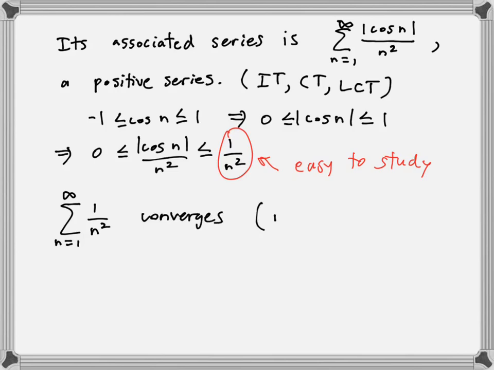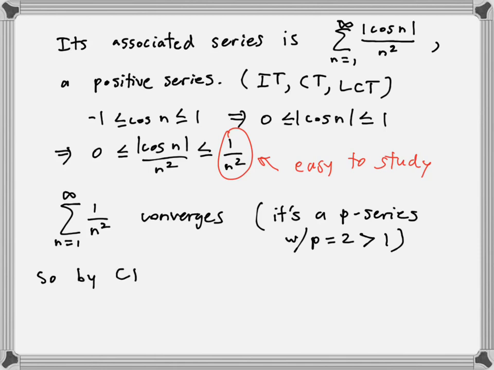Why? It's a p-series with p equal to 2, which is greater than 1. So, by the comparison test, that absolute value series converges.